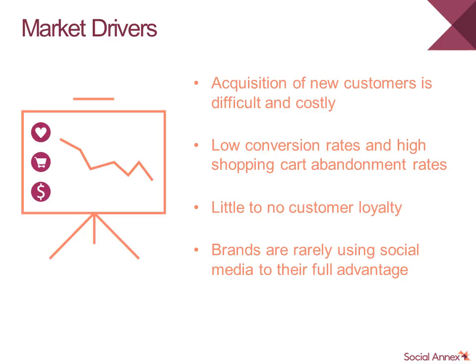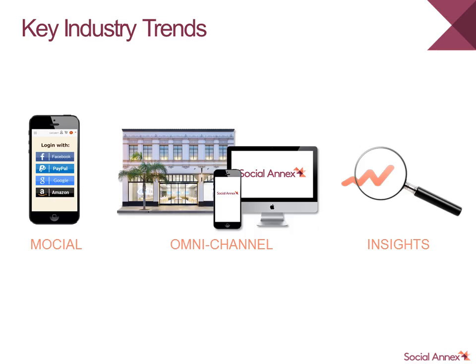When we look at our industry 2 years out, we really see three dominating trends. The first is what I call mobile. The lines between social and mobile will continue to blur with mobile first and mobile payment systems like Apple Pay. Second, omni-channel remains a vastly untapped opportunity to win new business.